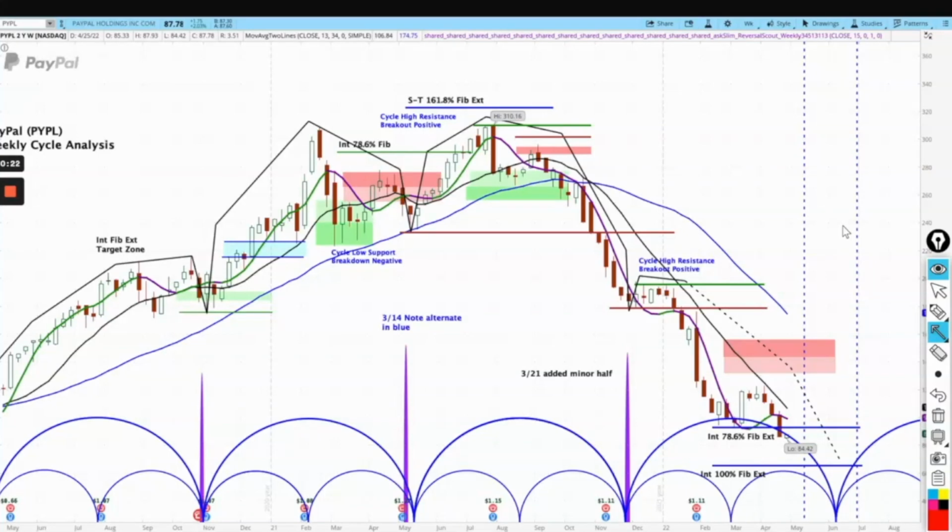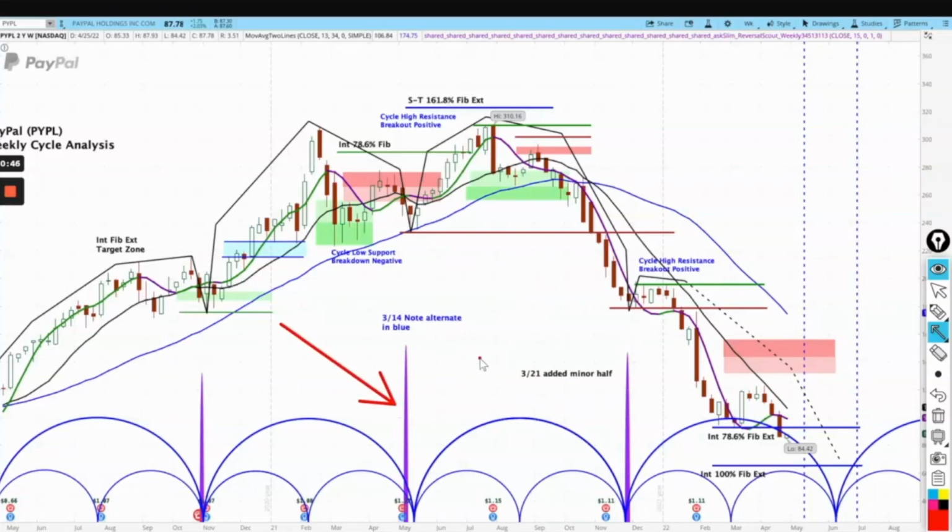So what I'm going to do in this segment is walk through analysis of PayPal, one of our focus list symbols, and then show you how the Cycle Low Timing Tracker calls your attention to the opportunity. What we're looking at is a weekly chart of PayPal, and the semicircles here on the bottom are placed there manually with a drawing tool that helps us identify the money flow patterns into and out of a security.